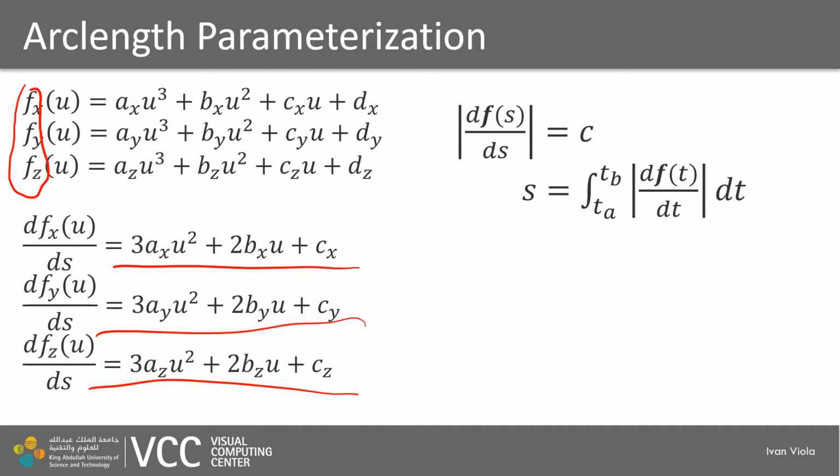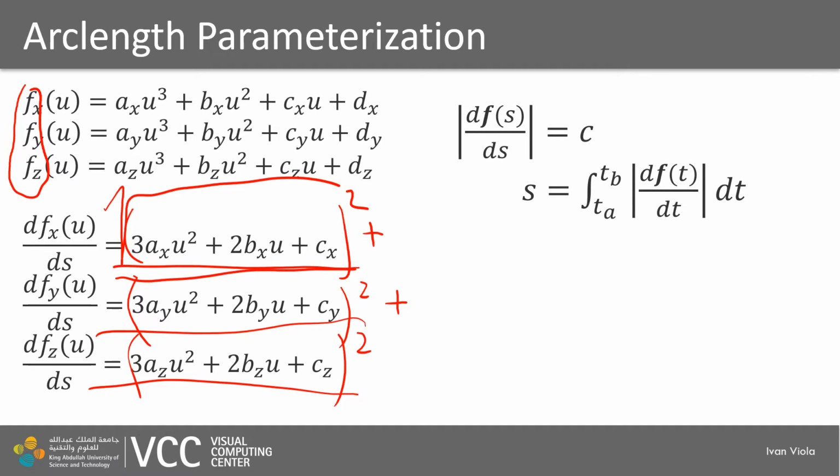So we have actually performed this derivation, and now we can square all these, as we said, and sum them up. And finally, we perform the square root.